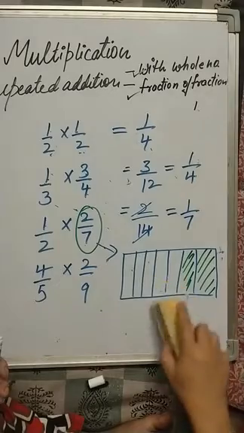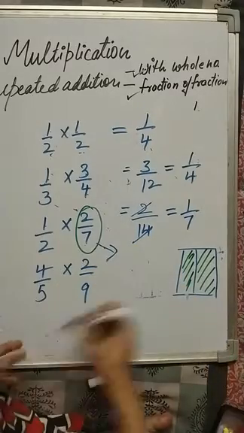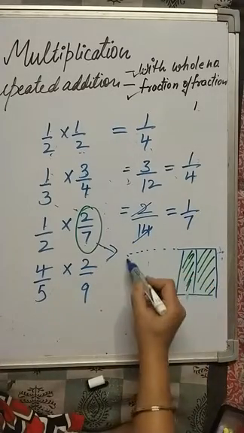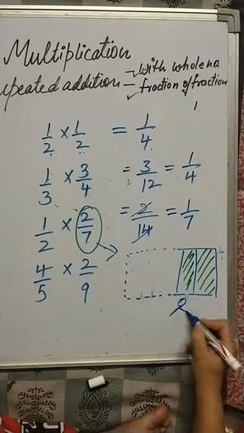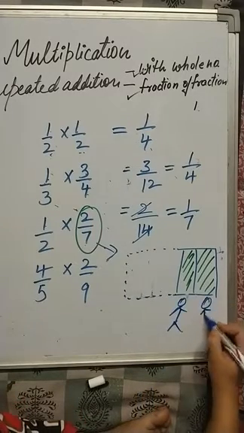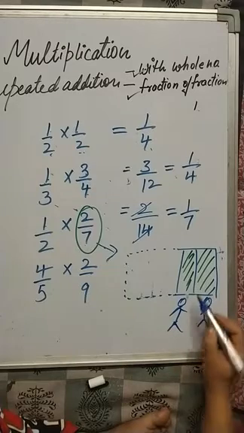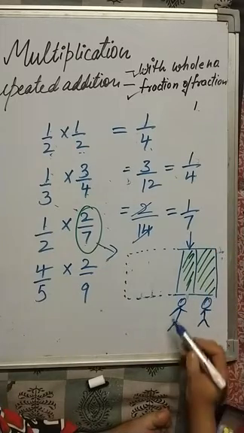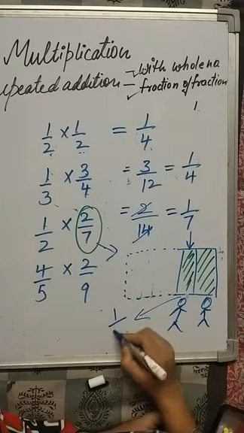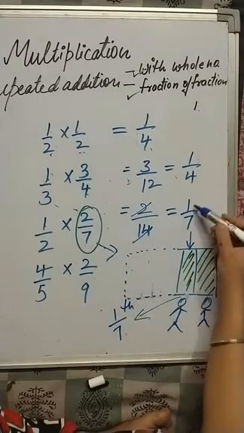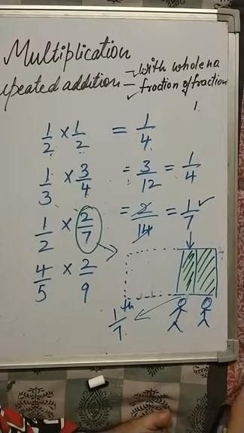You two friends came, so this part we don't have. So I'll be drawing again the imaginary chocolate whose sevenths I have made, and I am giving half to your friend and half to yourself. So what is the name of this piece size? Half of 2/7. The name of this piece size will be 1/7. So this will be 1/7.